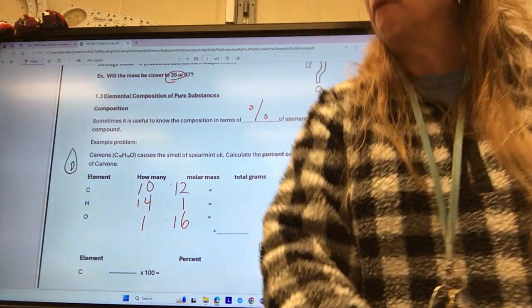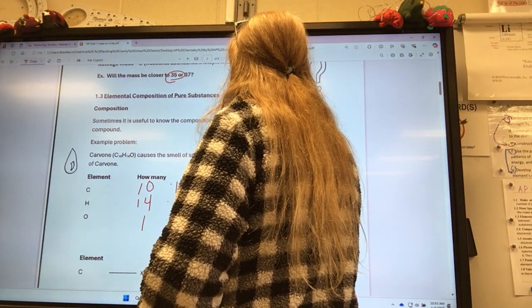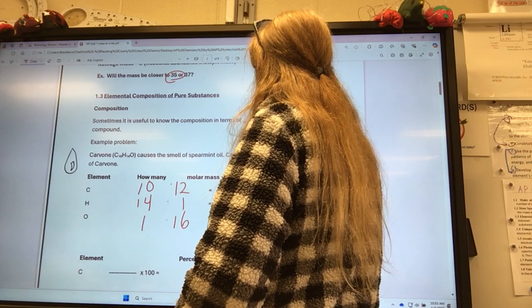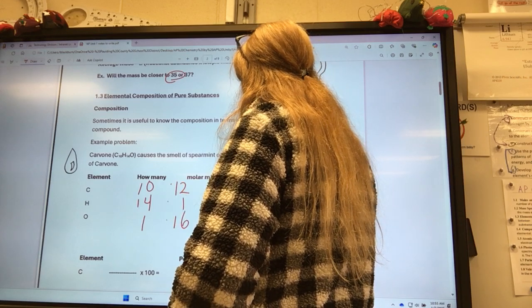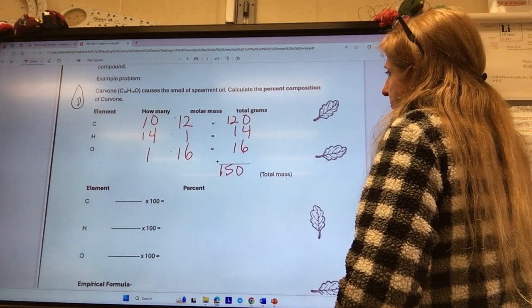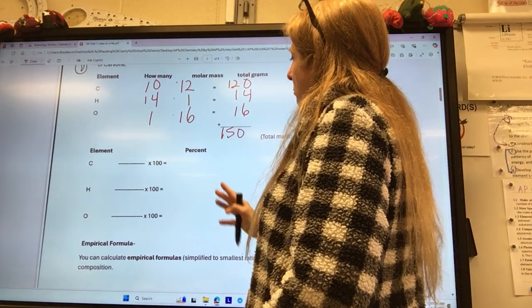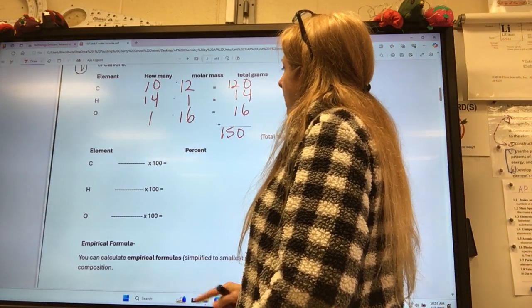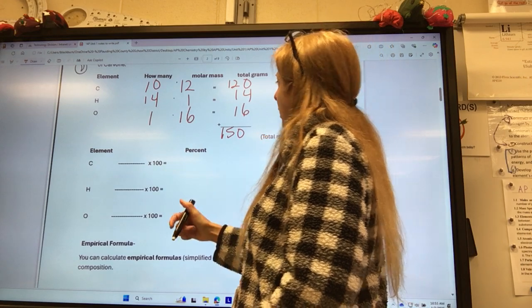All right, next. We multiply. 10 times 12 is 120. 14 times 1 is 14. 1 times 16 is 16. And then we add them up to get the total mass. Now, we want to find out the percent of each one, so we divide the mass of each one by the total mass times 100.